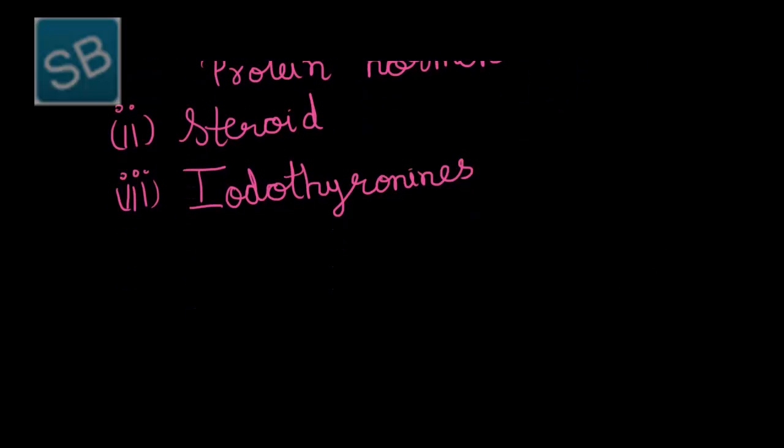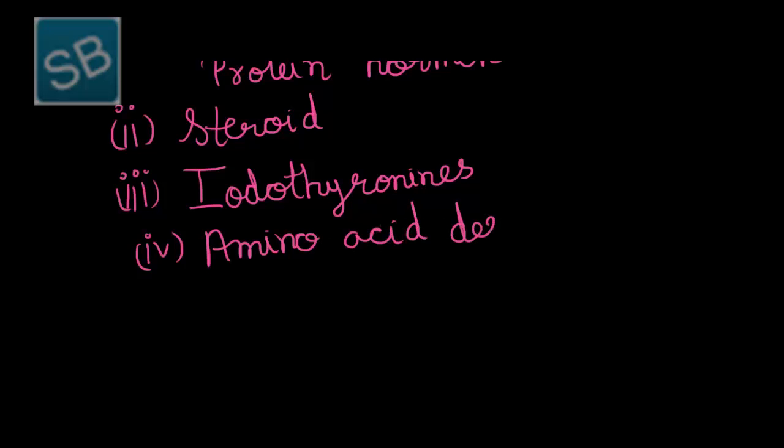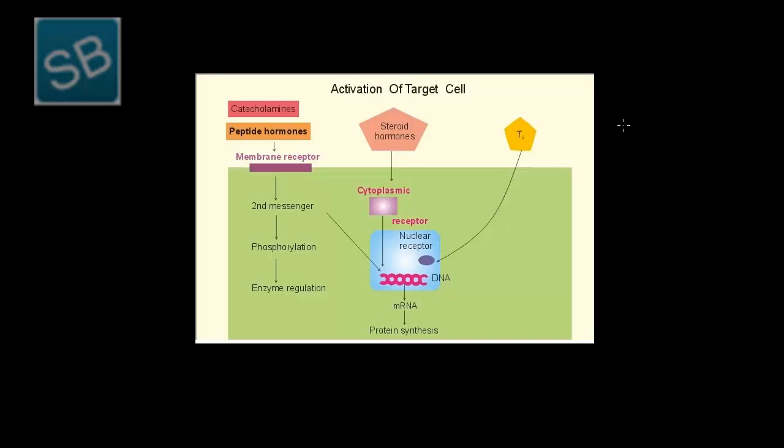And the fourth type includes amino acid derivatives like epinephrine. This figure depicts the activation or action of peptide hormone.